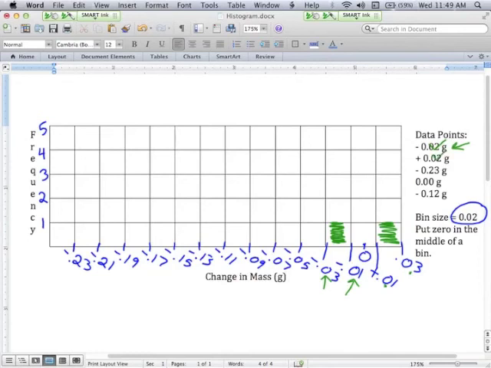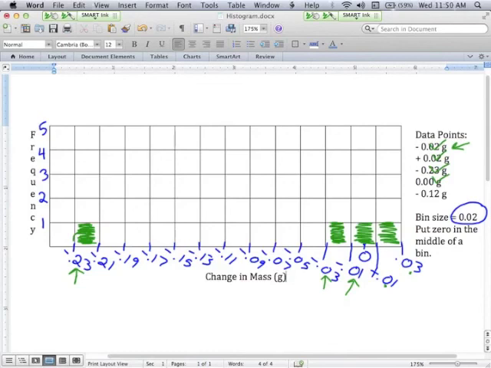Negative 0.23 grams. That one is right on the line. If it's right on the line, you always put it in the one to the right. So it goes here. 0.00 grams goes here.